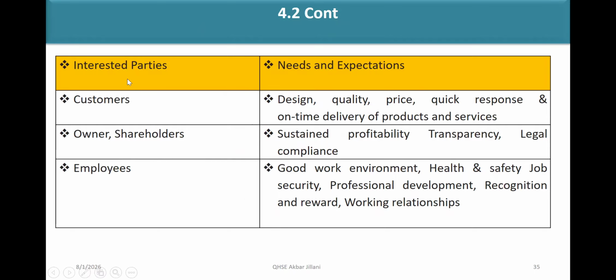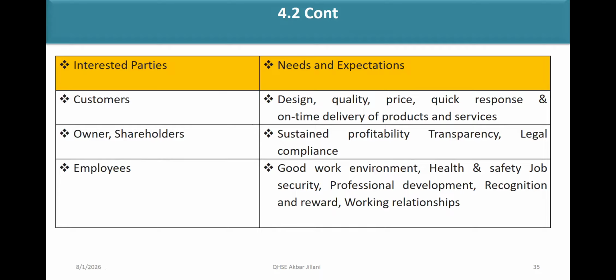Customers need from us design, quality, price, quick response, and on-time delivery of products and services. Owners and shareholders: sustained profitability, transparency, legal compliance. Employees: good work environment, health and safety, job security, professional development, recognition and reward, working relationship.